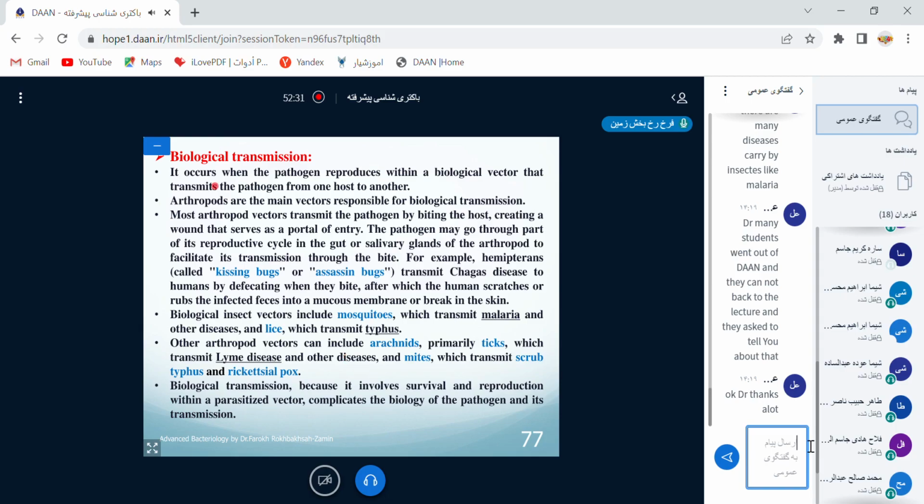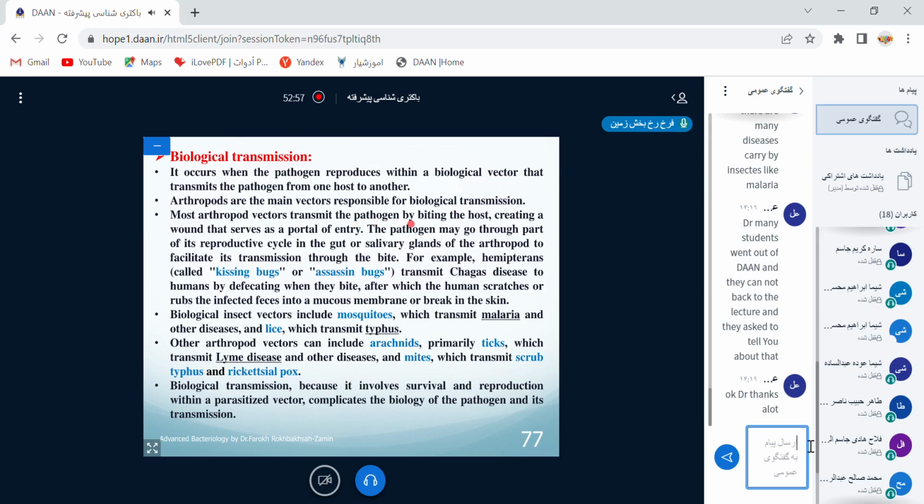Biological transmission occurs when the pathogen reproduces within a biological vector that transmits the pathogen from one host to another. Arthropods are the main vectors responsible for biological transmission.